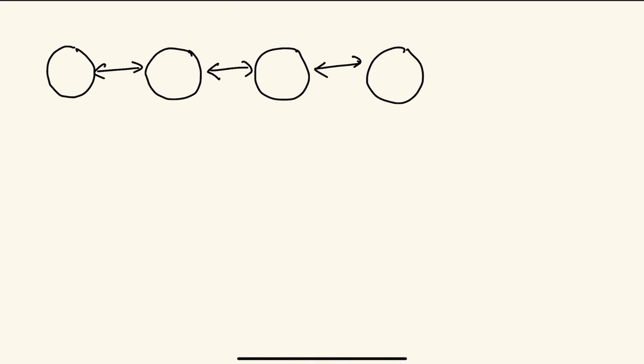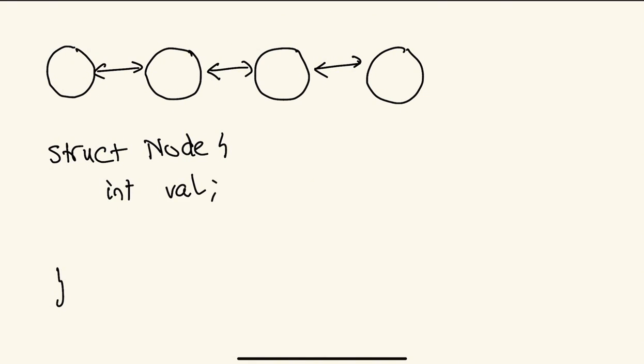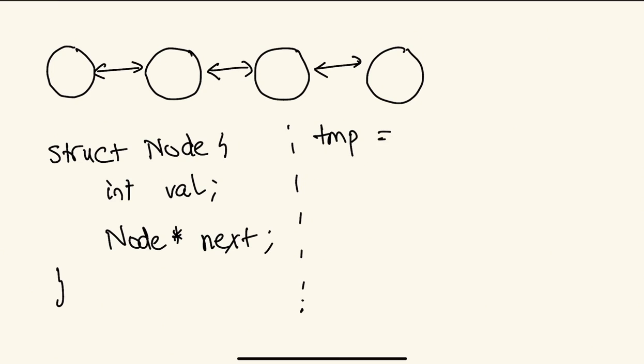Normally a node in a linked list would have a type like this one. So struct node, and then you're going to have the value, and you also have a node pointer pointing to the next node, right? Whenever you want to go to the next node, you have a tmp that is equal to the node that you're pointing at.